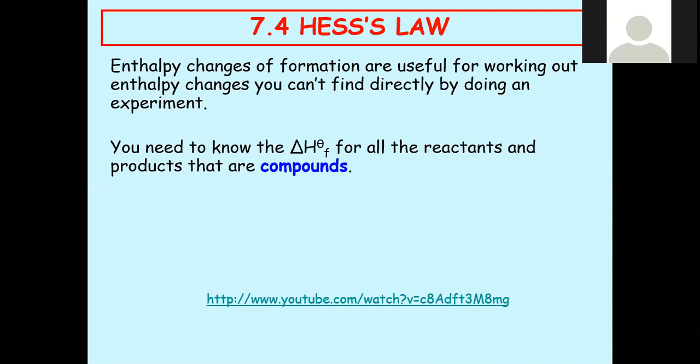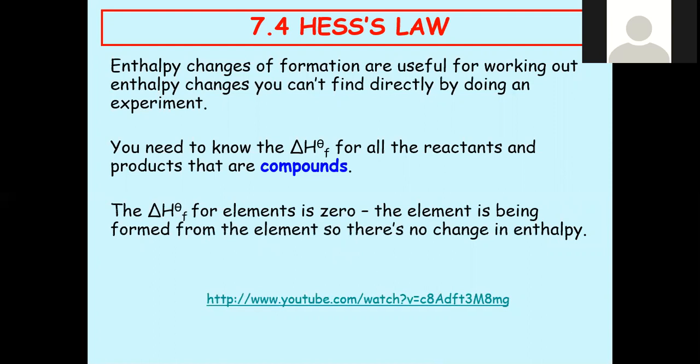That's 100 kilopascals for pressure and 298 Kelvin for temperature, for all our reactants and products that are compounds. The standard for elements is 0. The element is being formed from the element, so there's no change in enthalpy.